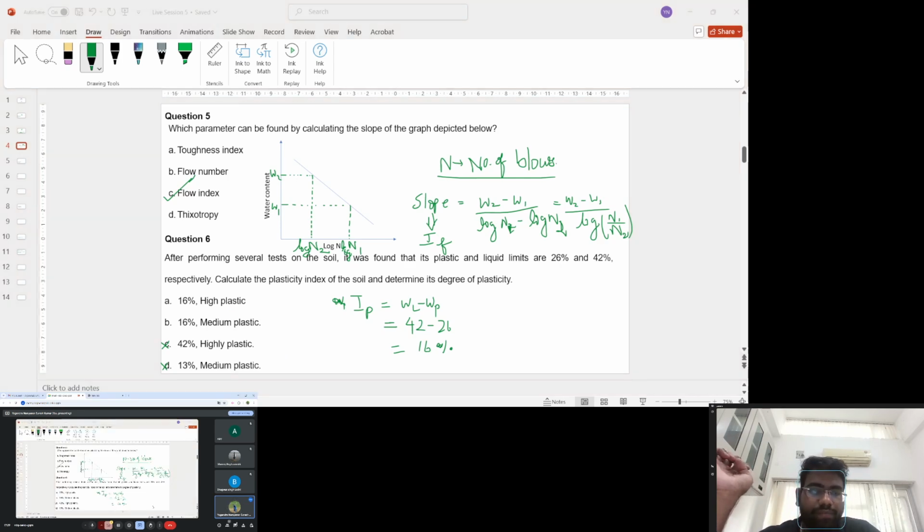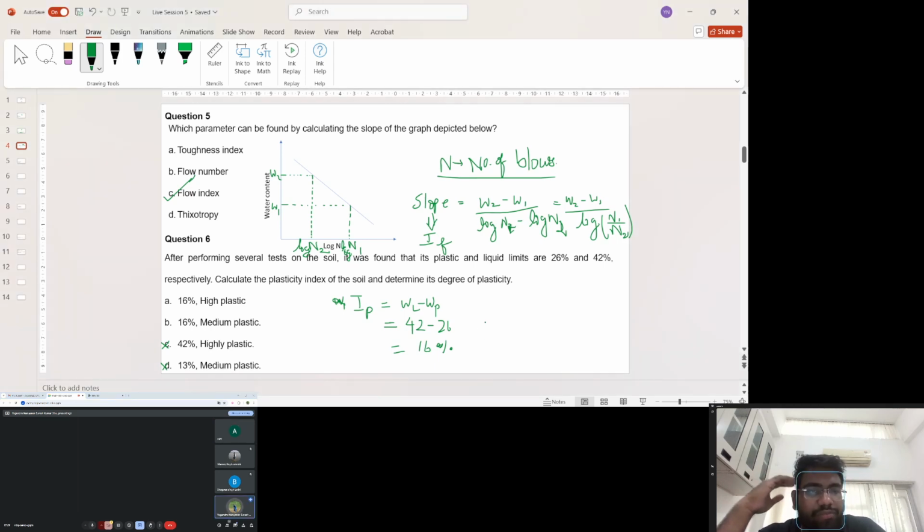When IP is more than 40, I think it is highly plastic. I am not exactly sure. If you refer to the A-line chart, we have IP 16%, and one more thing is that liquid limit should be greater than 50%. That also corresponds to the high plastic condition.